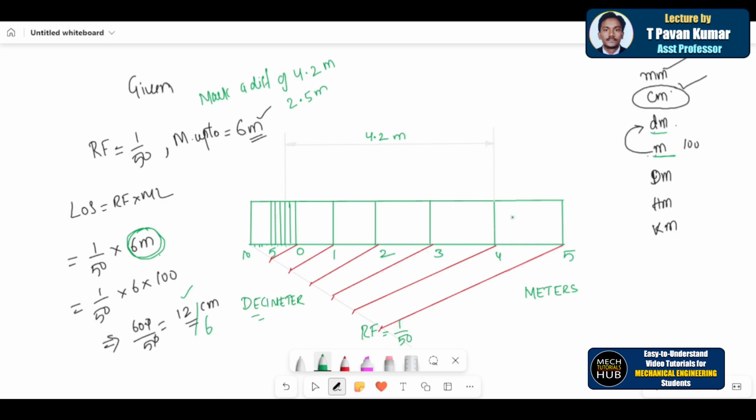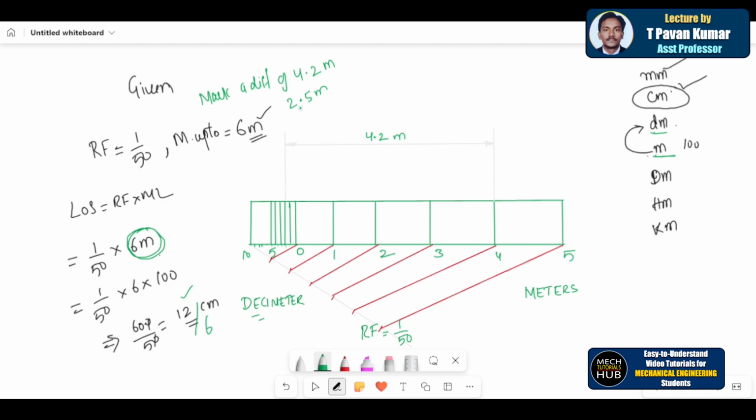Complete construction has to be with HB pencil, and the divisions also, the complete rectangular box, darken the rectangular box with HB pencil, and the divisions with HB pencil. Okay, all others should be with 2H pencil only.